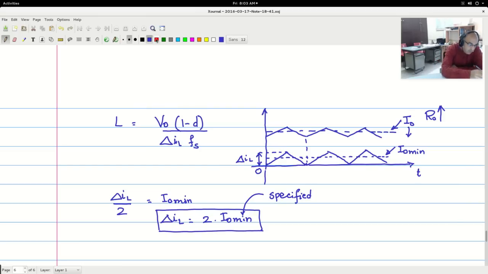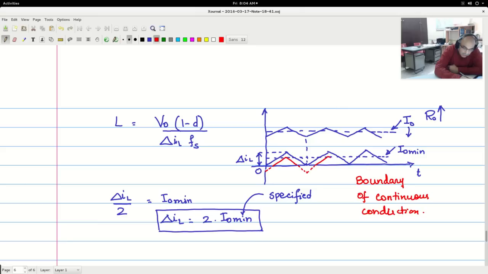Now here one more point is that at I naught minimum, this is just touching the zero line. So this is at the boundary of continuous conduction. What it means is, if you go any further, we would have the triangle coming like this, and I am putting this in dotted.